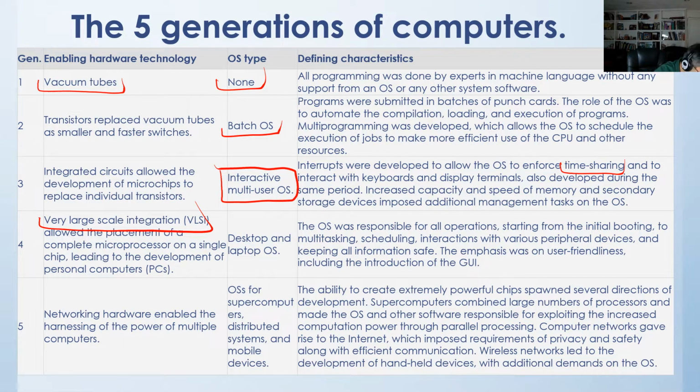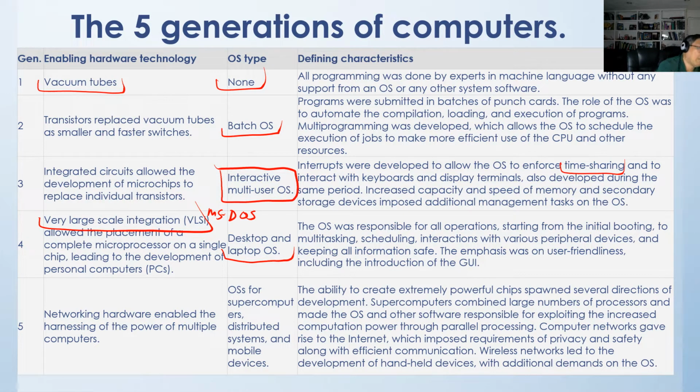This basically leads to the development of the microcomputer system, sometimes called the personal computer system. So the operating system at the time was the desktop and laptop operating system. Initially they used an operating system called DOS, Microsoft DOS, MS-DOS. It's called Disk Operating System.